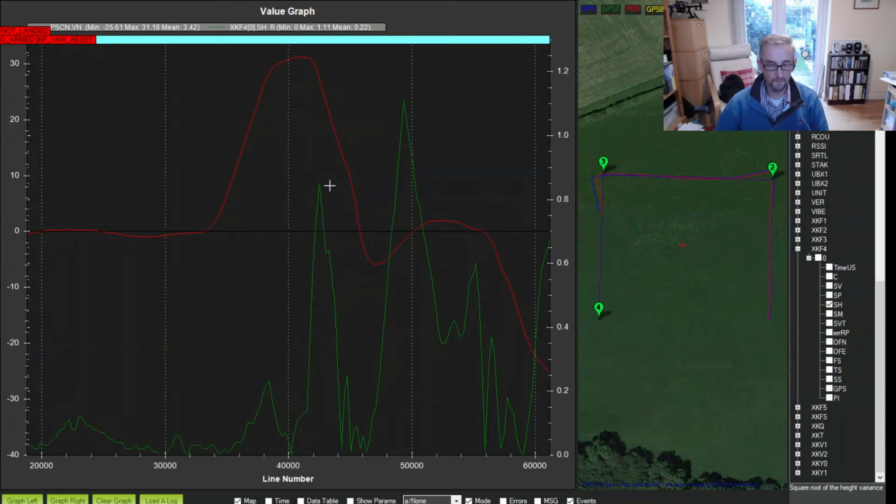Because we're using the barometer for height, I think this is all to do with the prop wash and wind as the copter decelerates. Then you can see here it's the end of this leg, and then it accelerates into the next leg, which should be roughly flat, which kind of is.